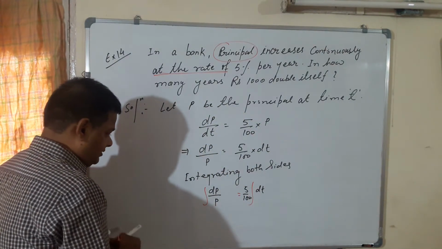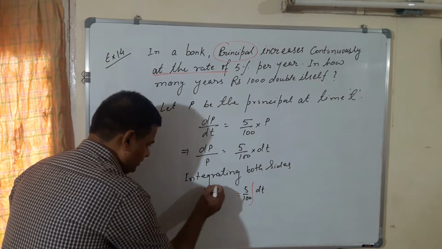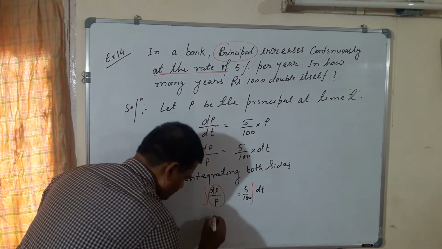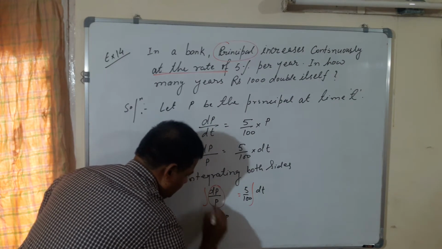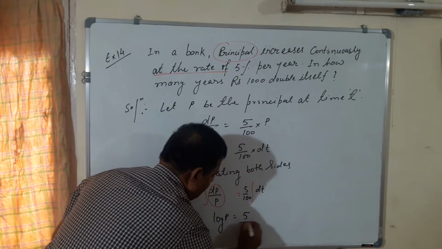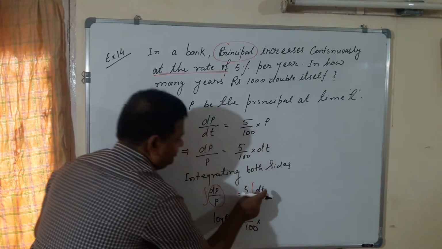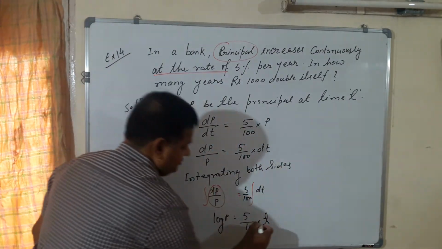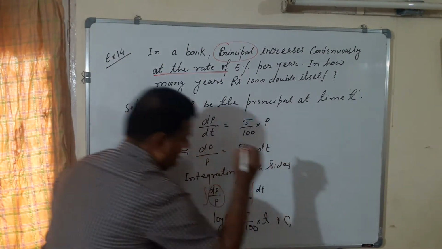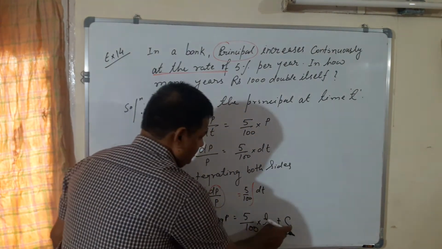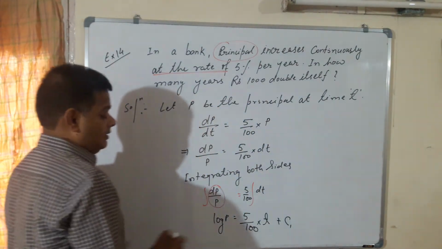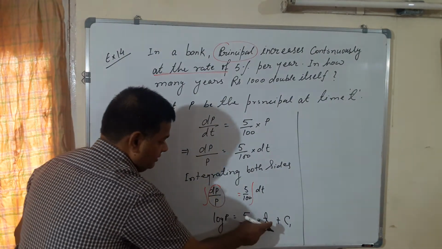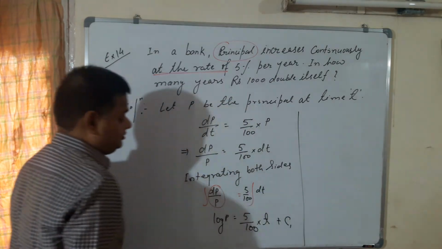So integration of dP by P is log P, equal to 5 by 100, and integration of dt is t plus one constant here, the integral constant, c1. Now log P is equal to 5 by 100 t plus c1.